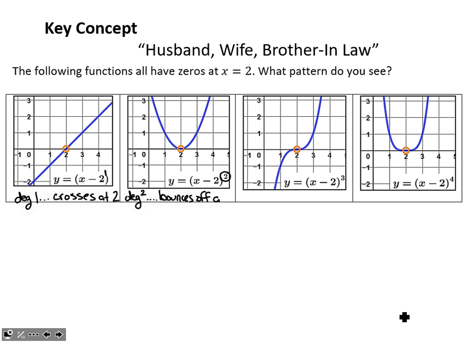Graph comes in and bounces off the x-axis. It still intersects it, but it doesn't cross through to the other side. Next, what happens when I see that solution 3 times? So again, I probably shouldn't be using the word degree here, but when I see that solution 3 times, you can see my graph crosses at x equals 2 again.